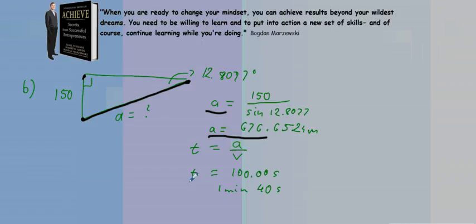This calculation gives us 100 seconds, which is 1 minute and 40 seconds. So there you go, we solved part B.